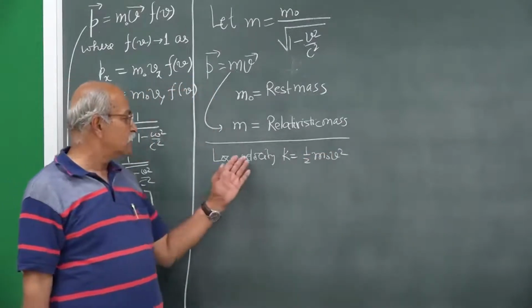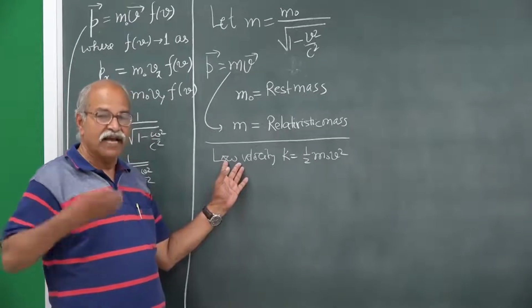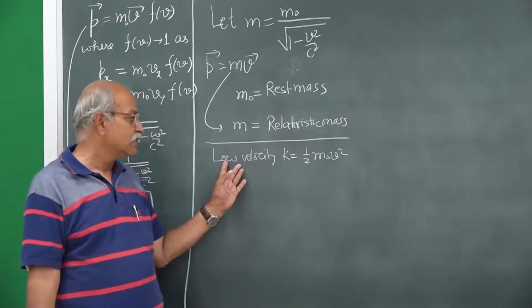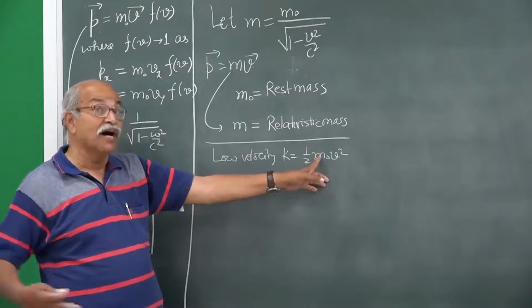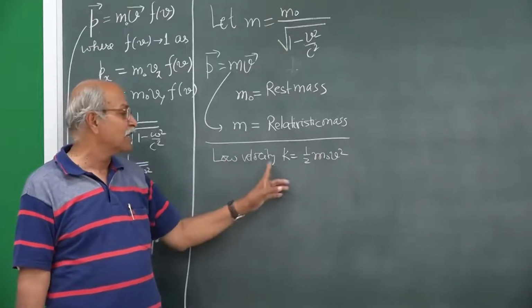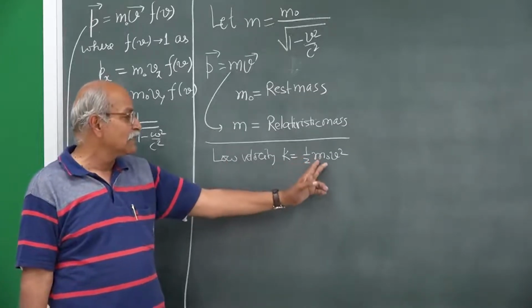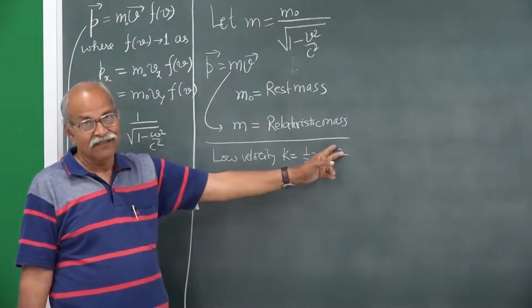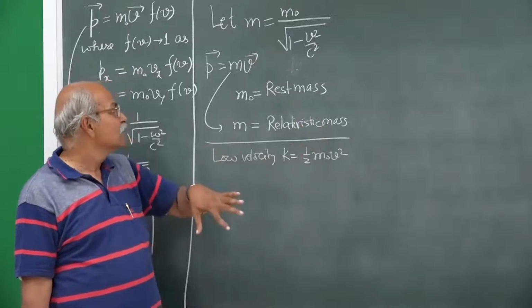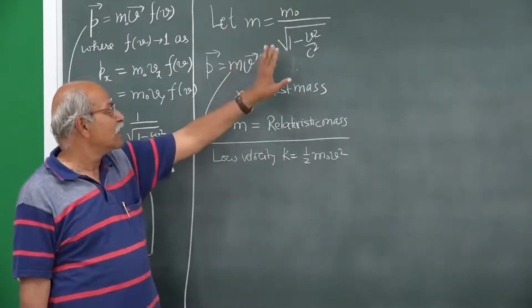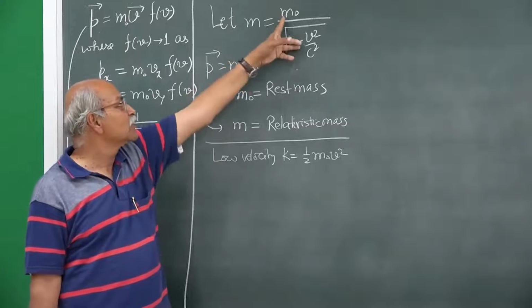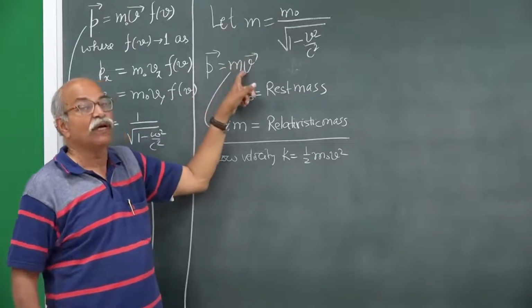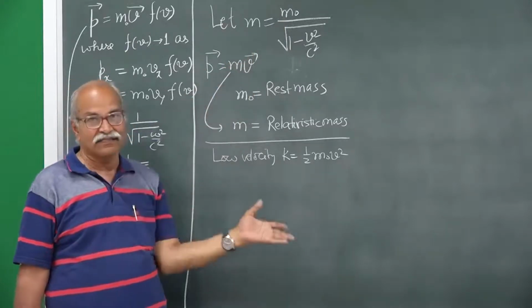But if the particle has a large velocity and you say that okay, its mass has increased, and therefore the kinetic energy will be half into that increased mass into v square, it will not work. For linear momentum, yes. If you are at a higher speed, P equal to mv works, but kinetic energy does not.